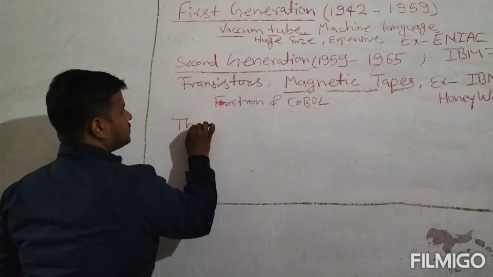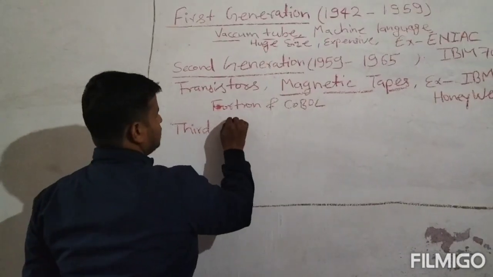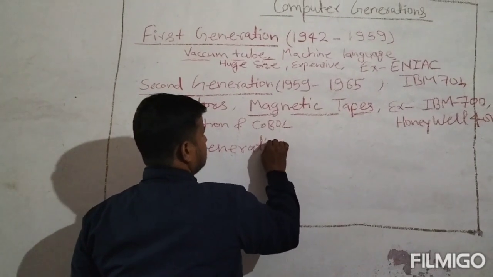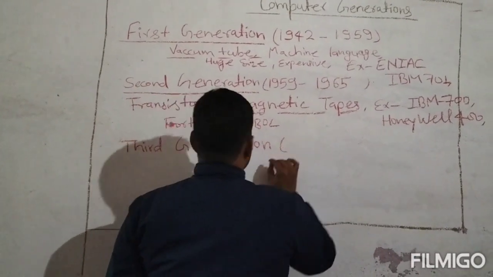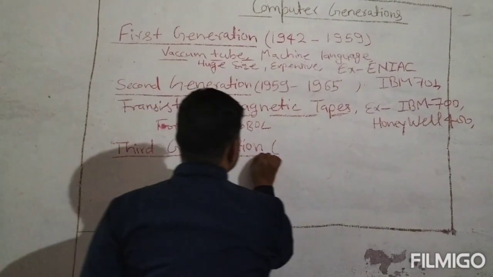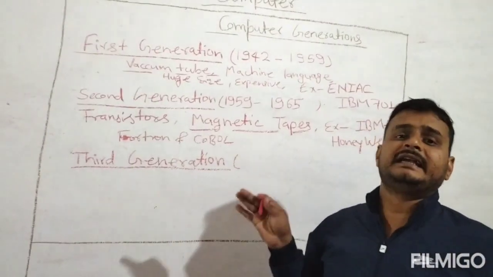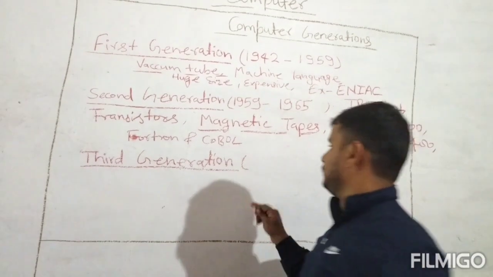Now come to the third generation computers. The third generation duration was from 1965 to 1975.